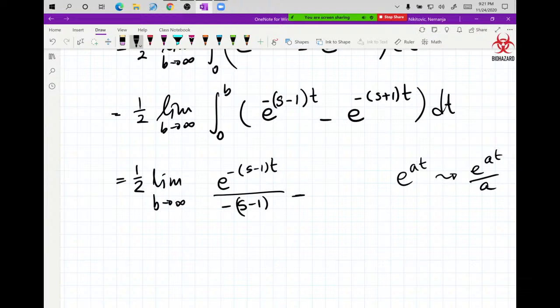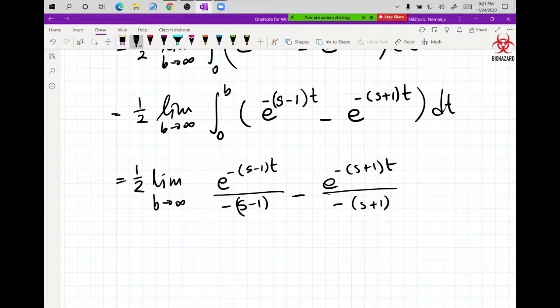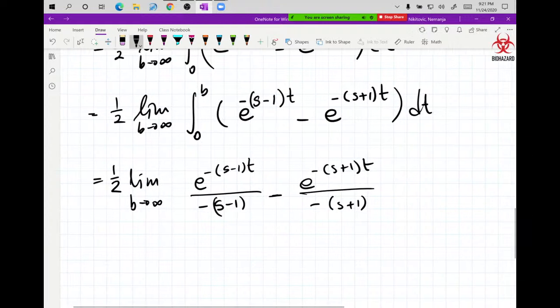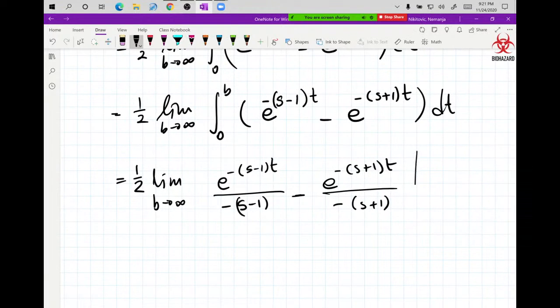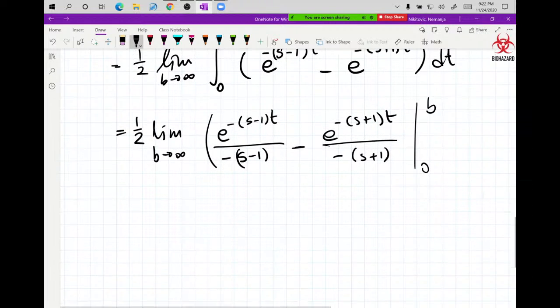And then minus, again, e to the negative (s plus 1)t, using this formula, divided by negative (s plus 1), like this. And then this is computed from 0 to b. So again, easy. We did not have to use integration by parts. We were able to very quickly deal with exponentials.